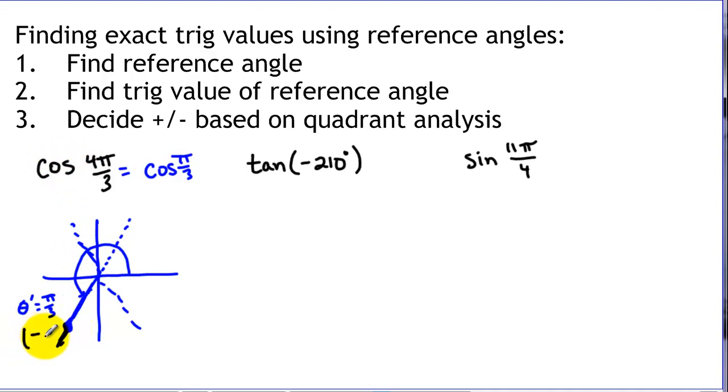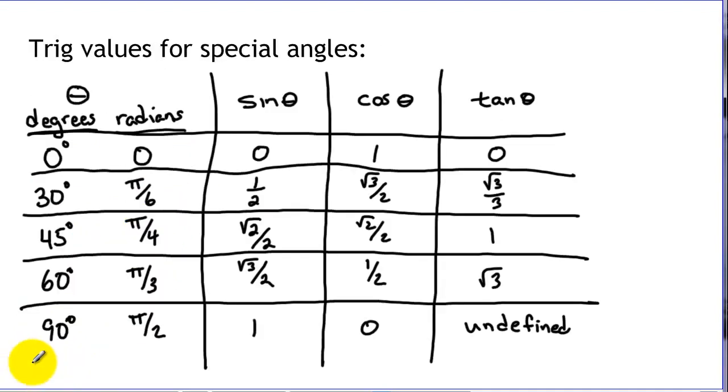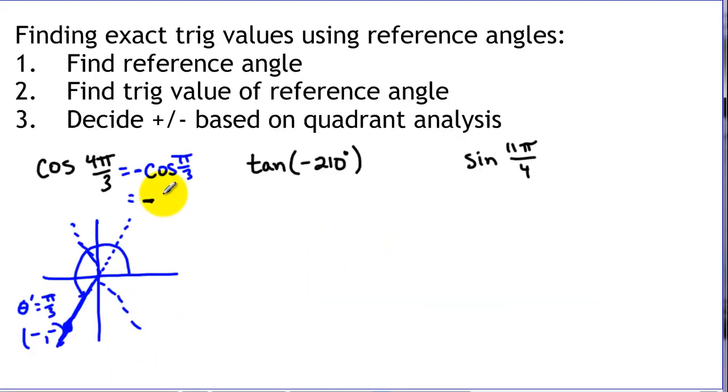We are here in this quadrant, where we're negative and negative. So cosine is the x-coordinate, so this is going to be negative. So the cosine of 4 pi over 3 is negative because we're in the third quadrant, and then we need the value for cosine of pi over 3. So cosine of pi over 3 is 1/2. So our answer here is negative 1/2.